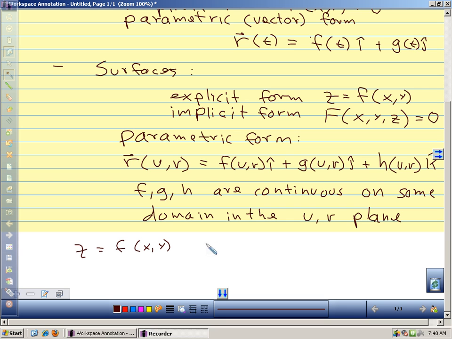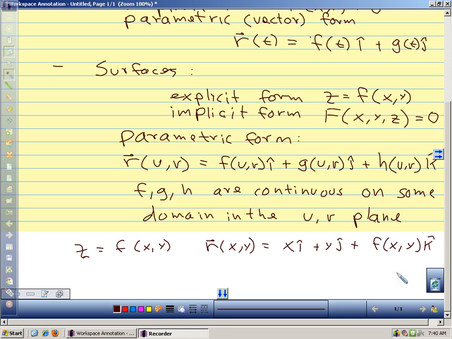We let x and y be our parameters, so r of x and y is just xi plus yj plus f of x, y. Those three cases are ones that we're familiar with already: spherical or cylindrical coordinates, or an explicit form for our surface.